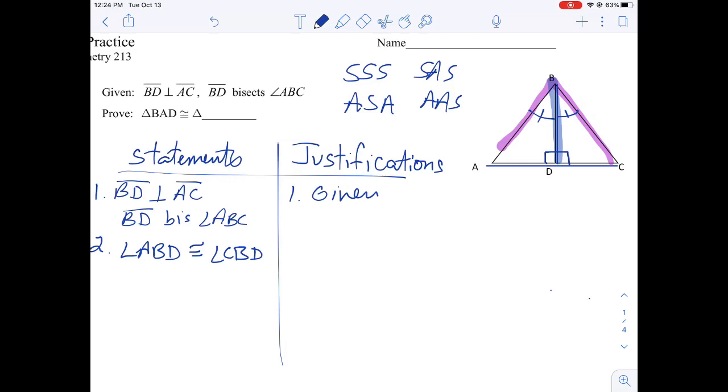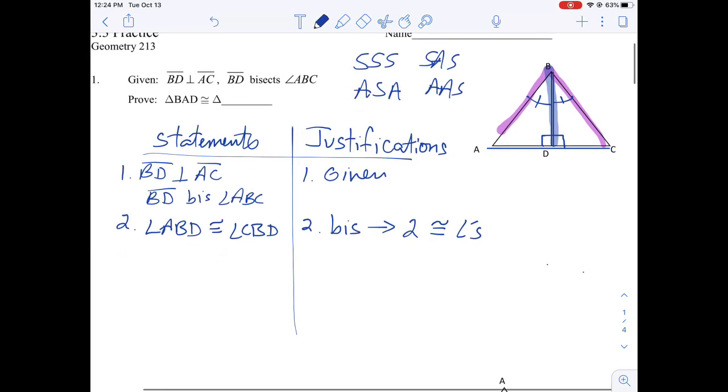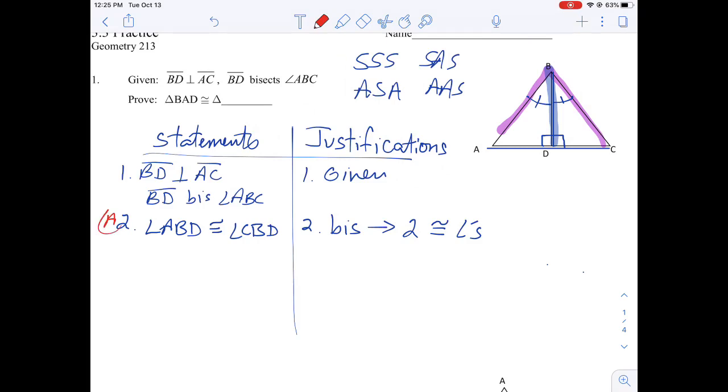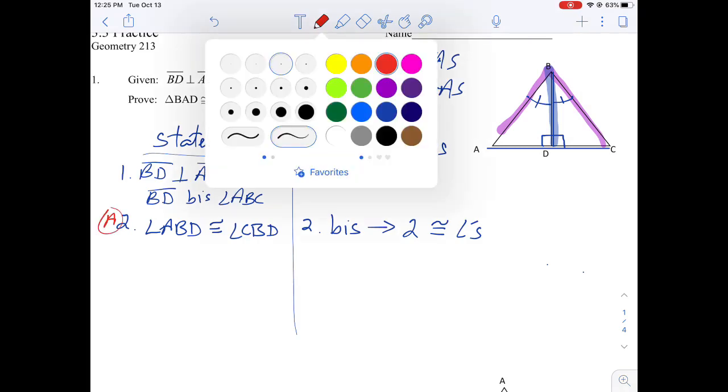Those 2 angles at the top are congruent to each other. And think about the reason why that's true. How do we know that from the given? And that's because anytime you have an angle bisector, it implies 2 congruent angles. And you can use that implication in your proof. Okay. So there's an A. If you like to keep track of these things, so far we have an A stated explicitly in our proof.